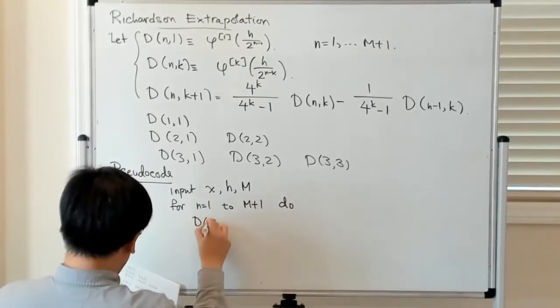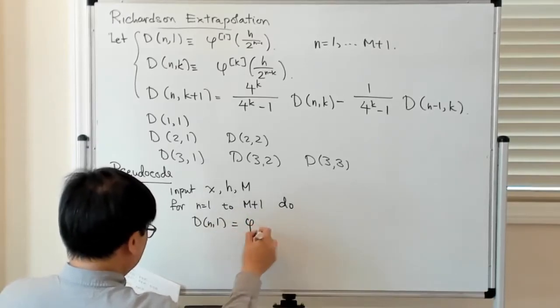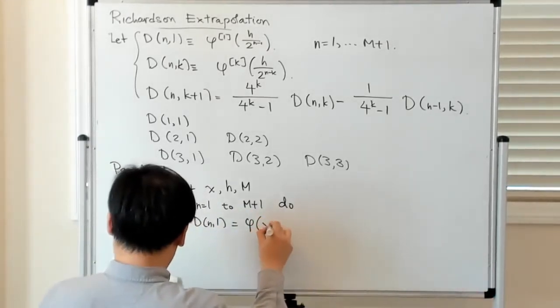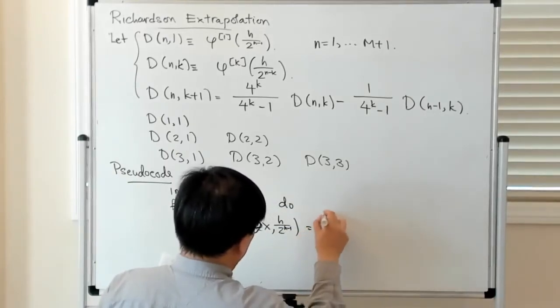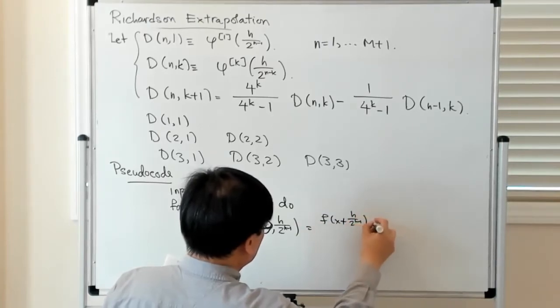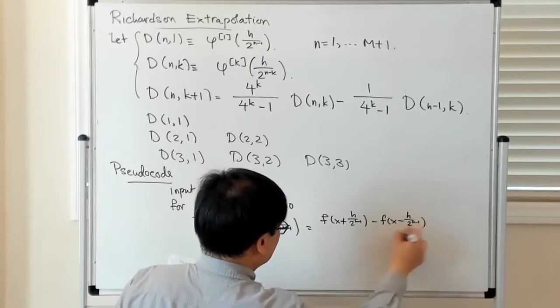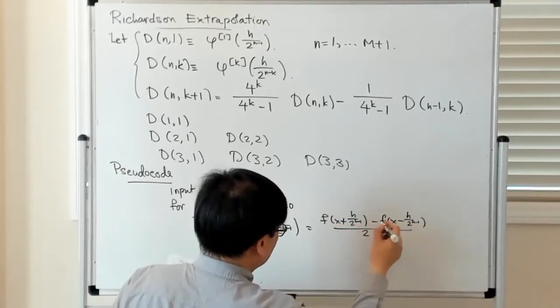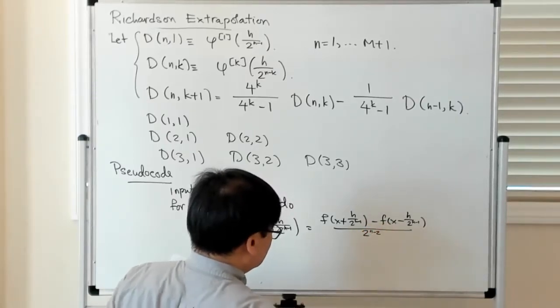D(n,1) is just equal to the original method, phi of x, h over 2 to the n minus 1. So this is really just f of x plus h over 2 to the n minus 1, minus f of x minus h over 2 to the n minus 1, over 2 times h, which is 2 to the n minus 2.